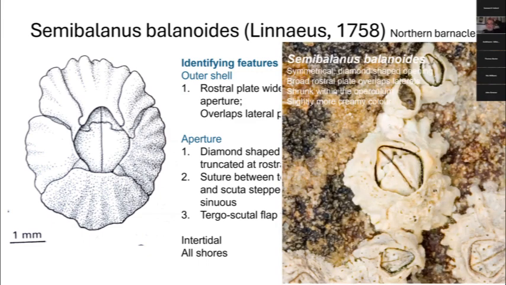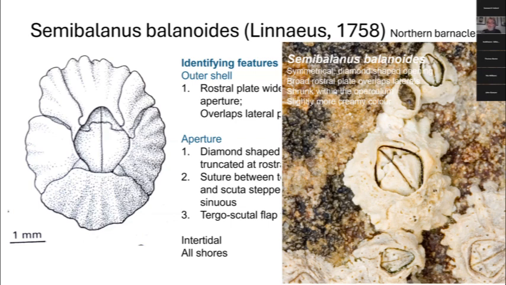And here's one of Lynn's photographs of another Semibalanus from somewhere else, probably down in Dorset, I guess. It shows you the nice diamond-shaped opening and the broad rostral plate overlapping the plates to either side. In this individual, the plates are becoming a bit calcified, and it's quite an old individual probably.